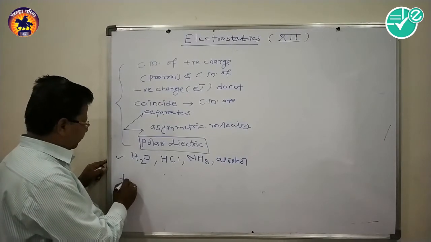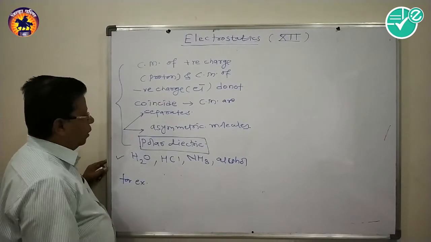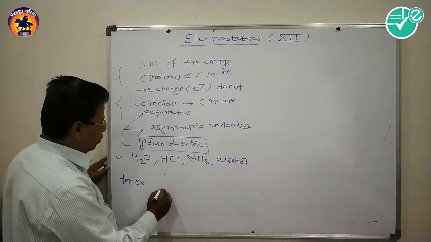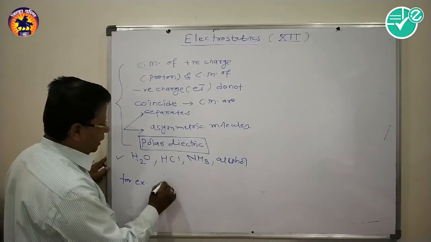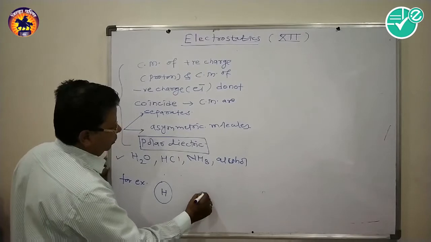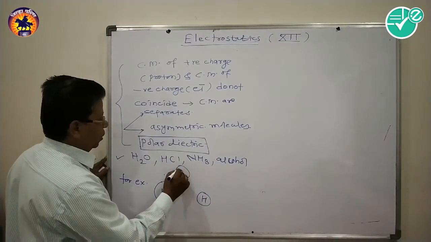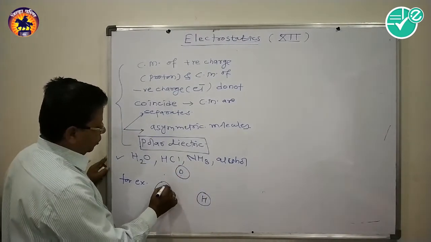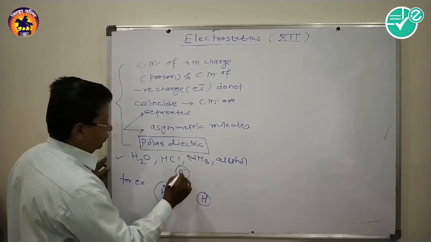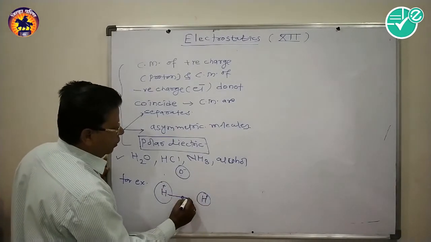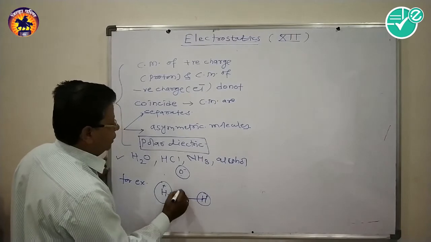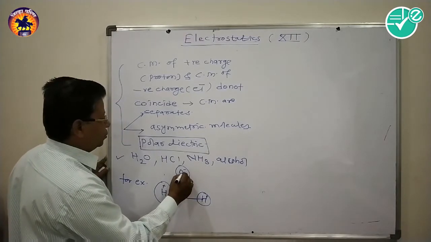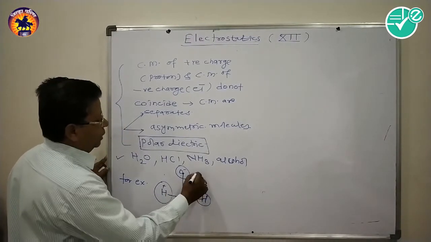For example, if we take H2O, this is H, this is another H, and this is O, then this side is positive and this side is negative. The center of the H is here and the center of mass of oxygen is here.